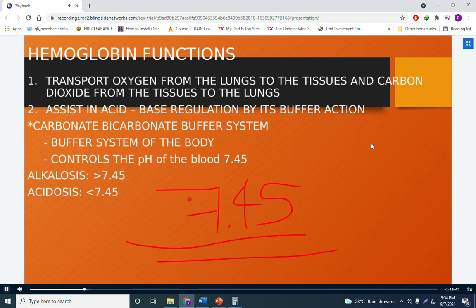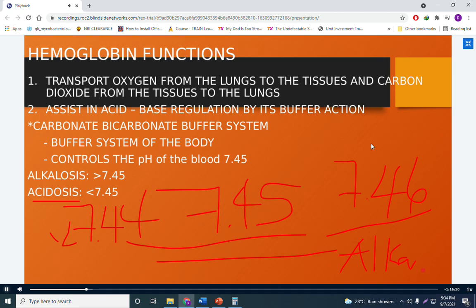Now, kapag si pH nyo bumaba, let's say naging 7.44, this is what you call acidosis. Acidosis means making your blood acidic. Now, what if naman naging greater than 7.45? It becomes 7.46. This is more alkaline.